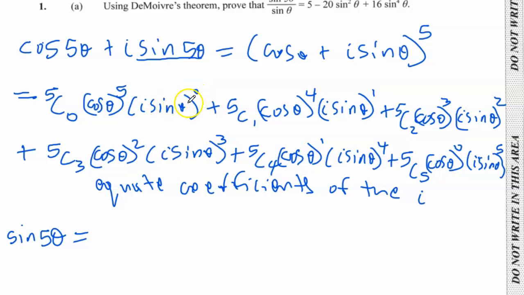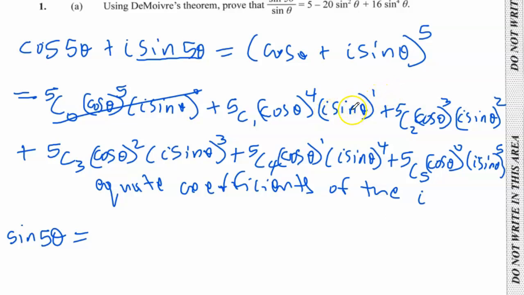So the first term here, (i sin θ) to the power 0. Now notice, when you have a non-zero term to the power 0, you'll end up with 1. So the first term would not be a term in i. The second term, yes, there will be a term in i. This is i sin θ raised to the power 1, so there will be an i.